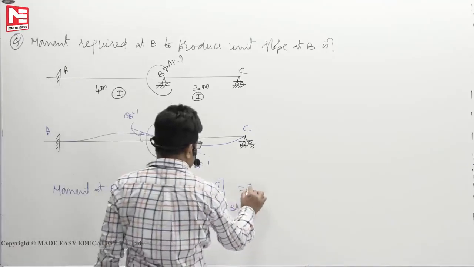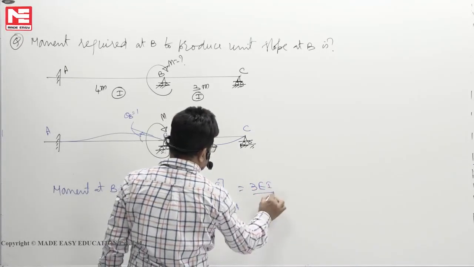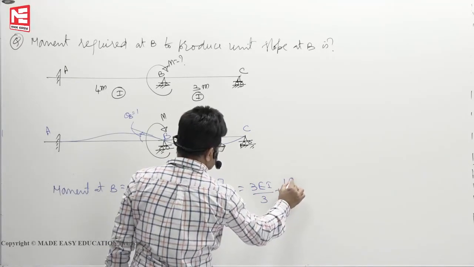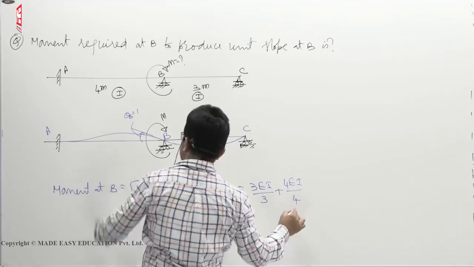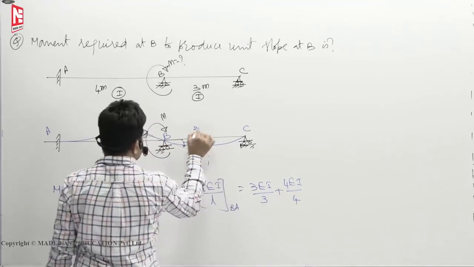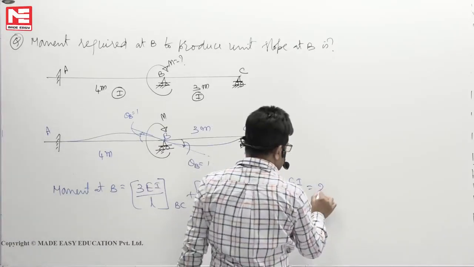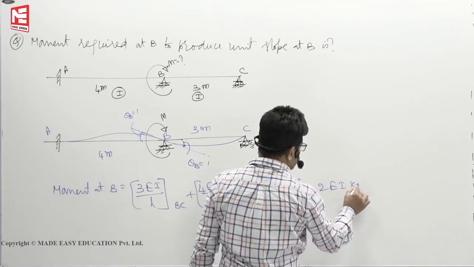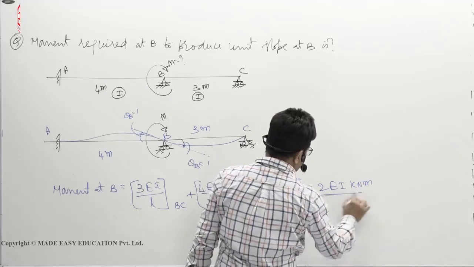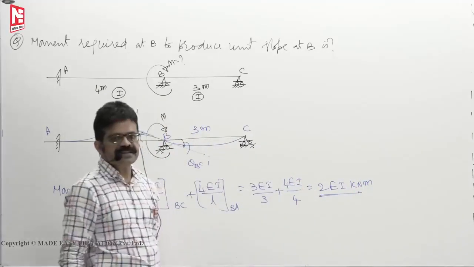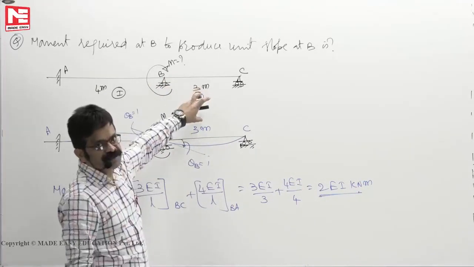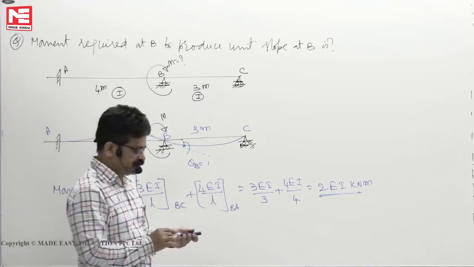So you will get 3EI by 3 plus 4EI by 4, because spans are like that. This is 3 meters, this is 4 meters. So you will get 2EI kilonewton meter. One of the options will be this. If you apply 2EI kilonewton meter, theta B becomes 1.